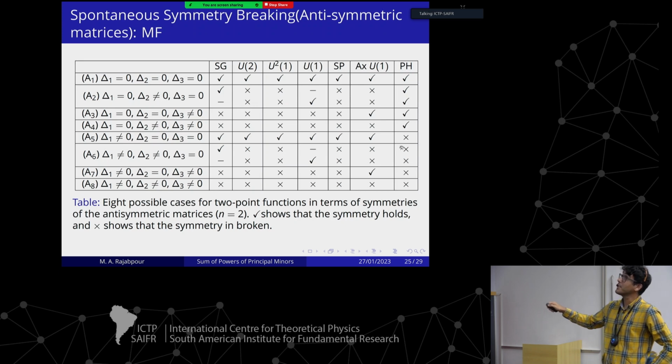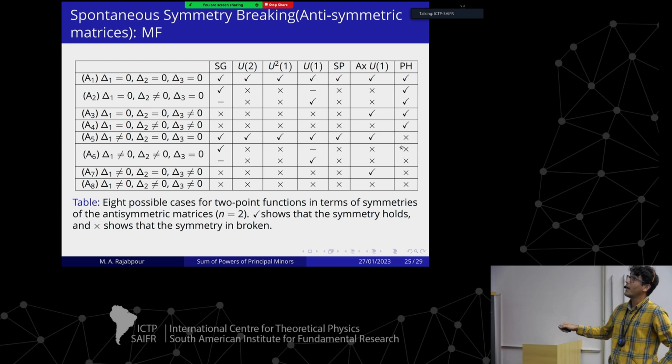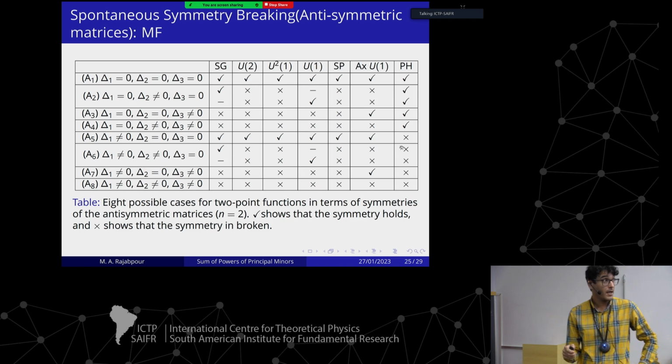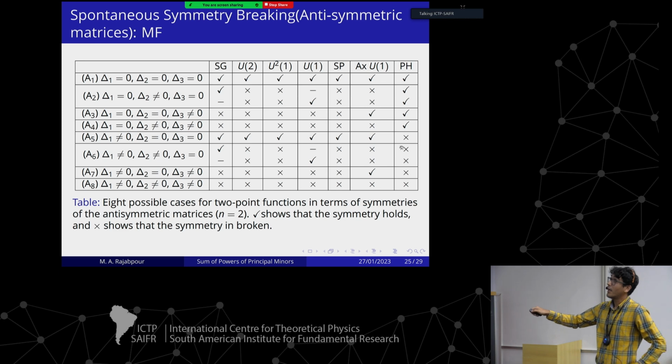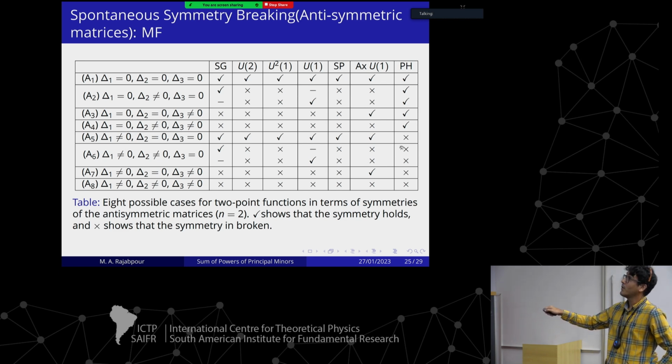Now, depending on what values we get for the deltas, we break different kinds of symmetries. If all of them are 0, we have this whole bunch of symmetries. When some of them are non-zero, some of these symmetries are broken. In the case of the Ising chain that I talked about, what happens is this one, in which we break everything except the axial U1.